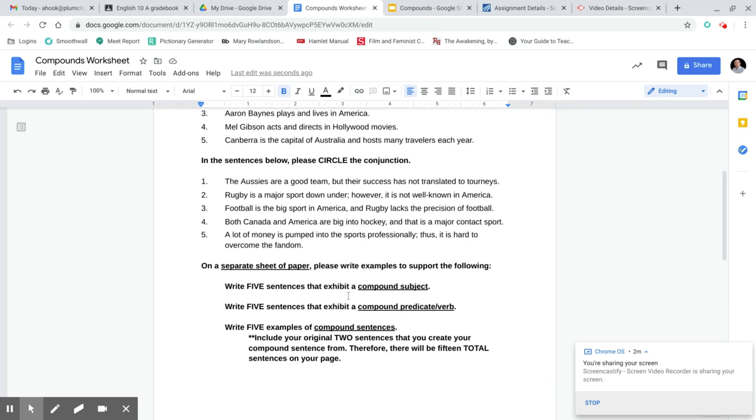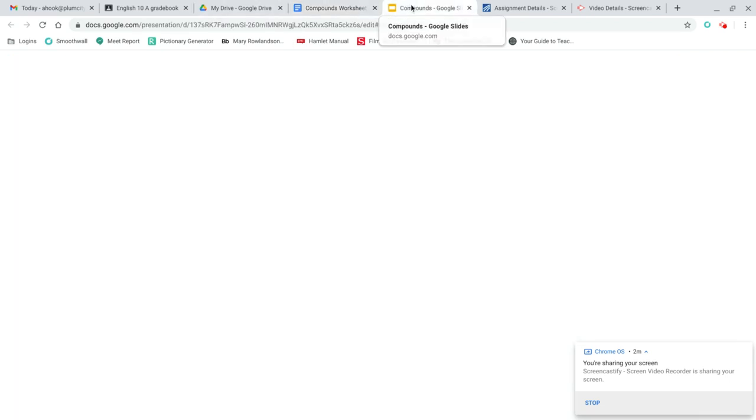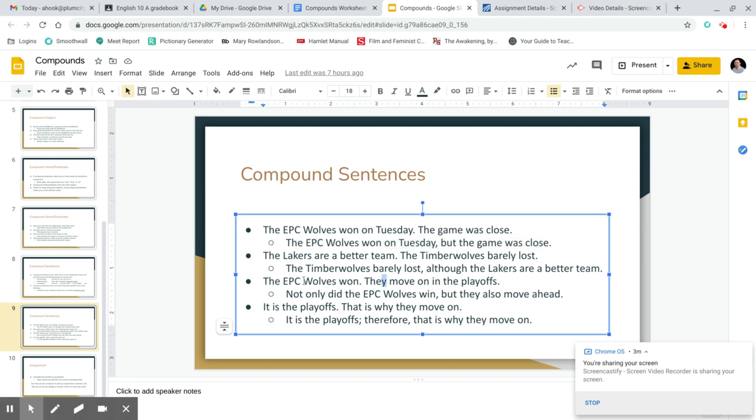And then the third one is I would like you to write 5 examples of compound sentences. But I would like you to do something different with this one. I would like you to write your 2 original sentences that you create your compound sentence from. So if we go back to the Google Slides here, I would like you to include the 2 sentences like this option here, and then follow it with your compound sentence below it.